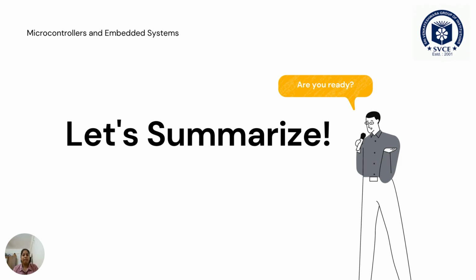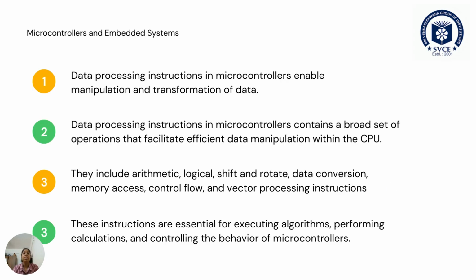Now let's summarize what we have seen in the previous slides. Are you ready? We have learned that data processing instructions in the microcontroller enable manipulation and transformation of data. We know that data processing instructions in the microcontrollers contain a broad set of operations that facilitate efficient data manipulation within the CPU.